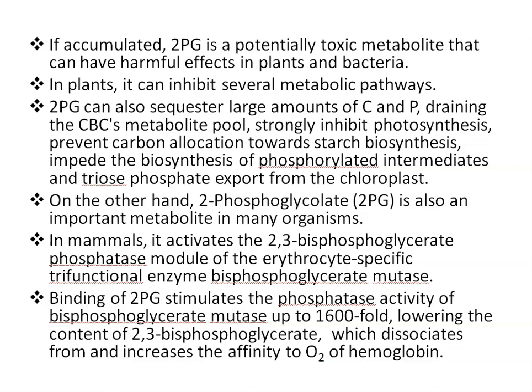Binding of 2-PG stimulates the phosphatase activity of this enzyme, that is bisphosphoglycerate mutase, up to 1600-fold, lowering the content of 2,3-bisphosphoglycerate, which dissociates from and increases the affinity to oxygen of hemoglobin.